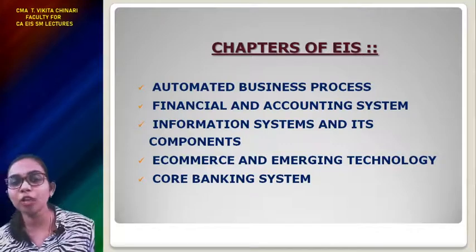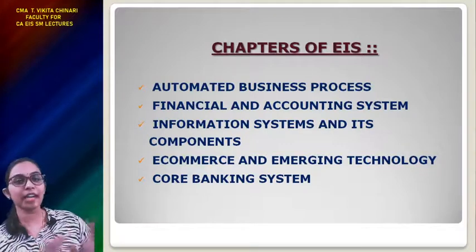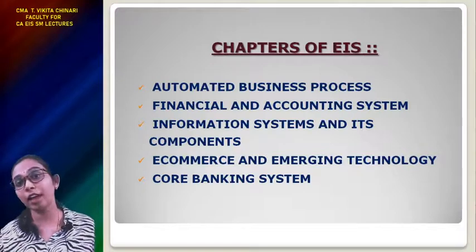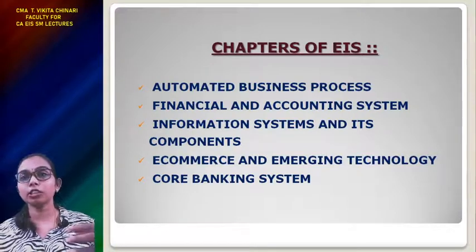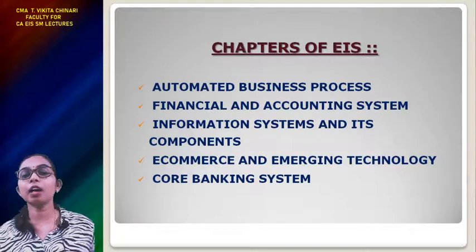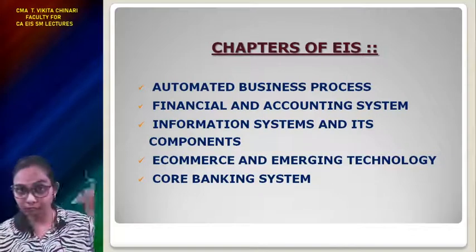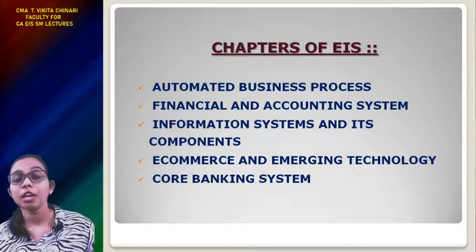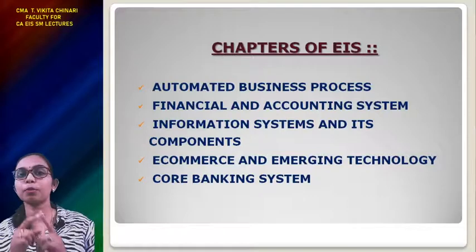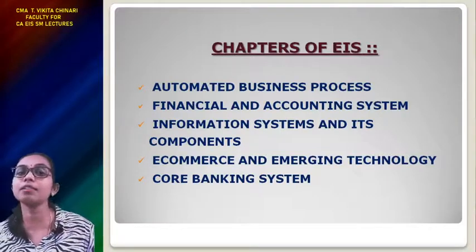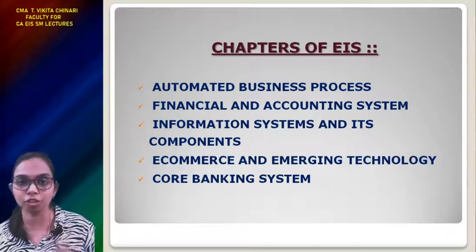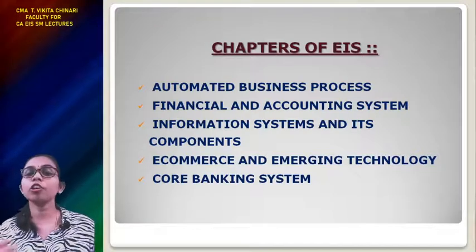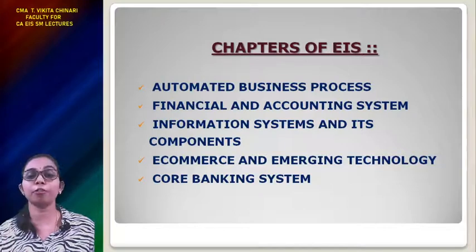Unless you have the internet, data, hardware, software, and a network or connection, will the enterprise work? Think. No, it will never work properly and effectively. So for everything to work properly, information system is the most important and essential part of the whole organization.